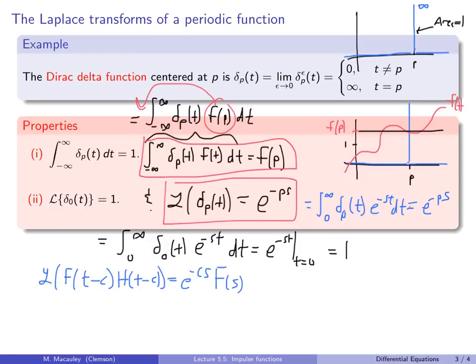Well, let's apply this to the delta function. This delta function is just a shifted version of the regular delta function. So that's delta 0 of t minus p times h of t minus p. And that is e to the minus p times s times F of s, which is 1. And yes, that checks out as well.